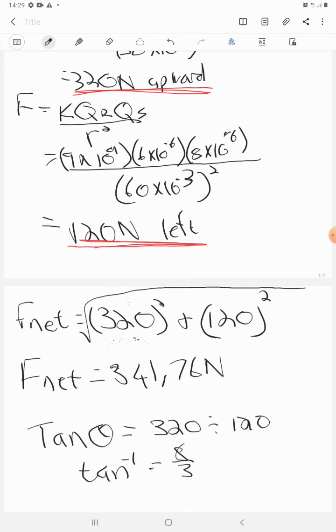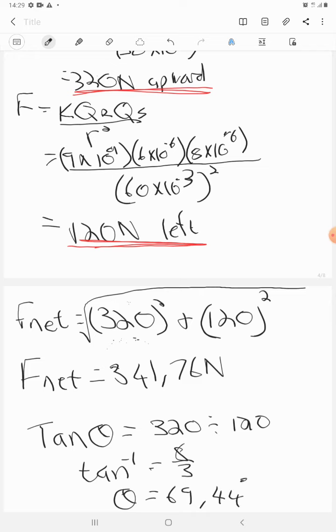Then you'll get an answer of theta being 69,44 degrees.